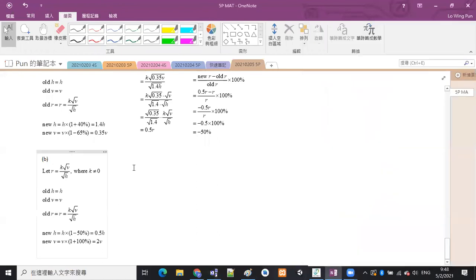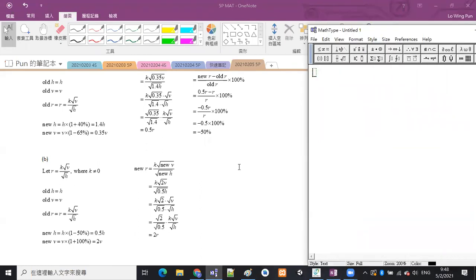Okay? So when we have expressed the new r in terms of r, then we are ready to answer the question. The percentage change in r is equal to the new r minus old r divided by old r times 100%. Okay? Our new r is equal to 2r.